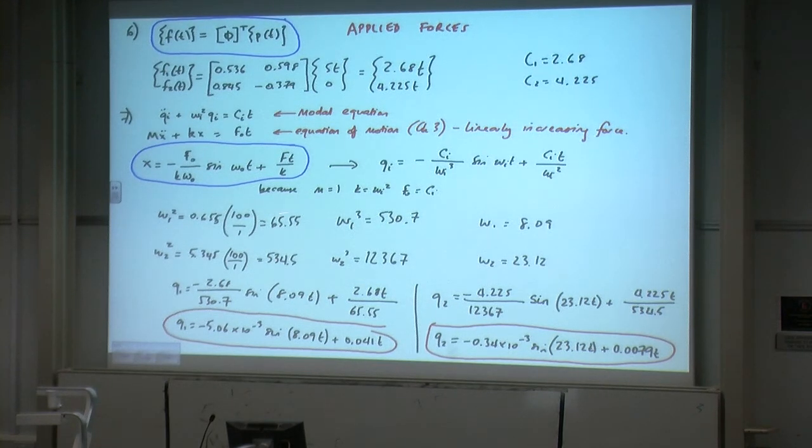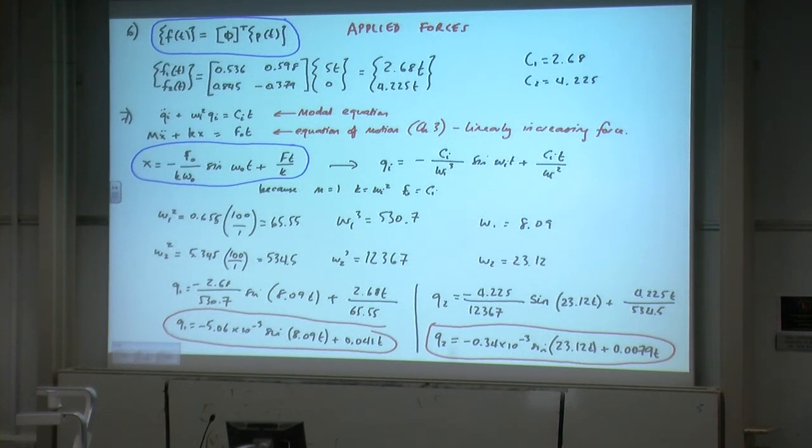So we've got omega 1 squared, omega 1 cubed, and omega 1. And then you plug in the numbers into this equation. Well, C1 was 2.68, so there's there. 530.7, which is this value here. Sine of 8.09t, plus 2.68t, because it's C1t, divided by omega 1 squared. So that's 65.55. And then obviously here I've just divided these two together to get this number, sine of 8.09t plus 0.41t, which is those two numbers divided by each other.